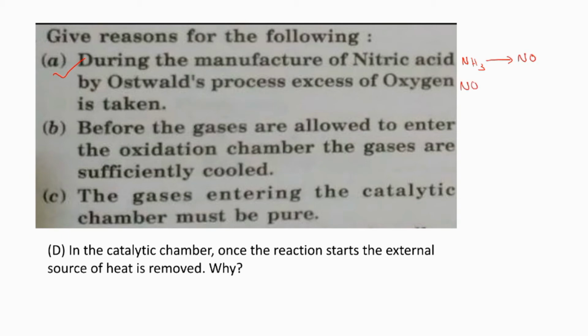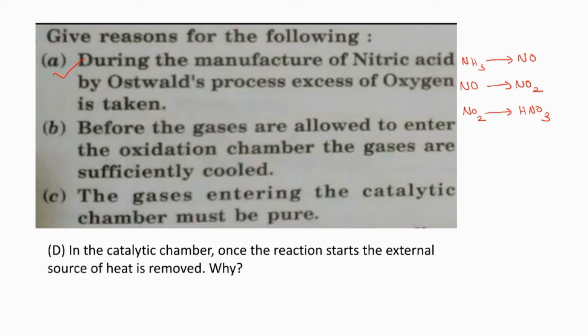For the conversion of nitric oxide into nitrogen dioxide, that is for the oxidation of nitric oxide, oxygen is required. Finally, for the conversion of nitrogen dioxide to nitric acid also, oxygen is required. So, you can tell that oxygen is involved in the entire process. That is the reason we are taking excess of oxygen.